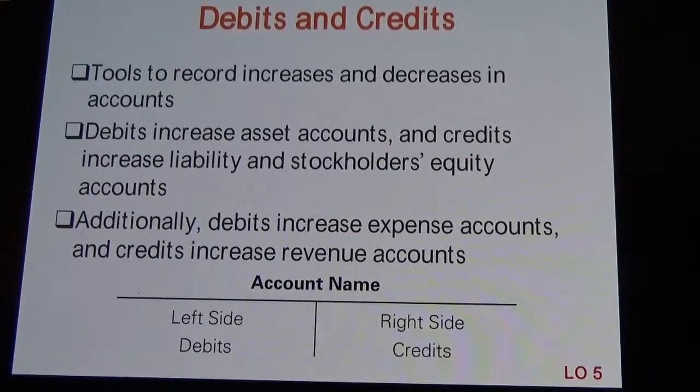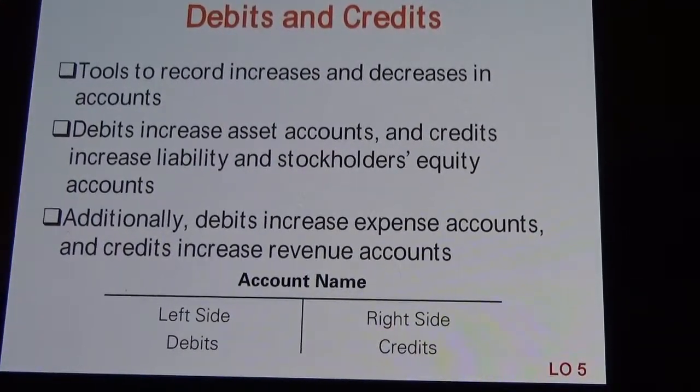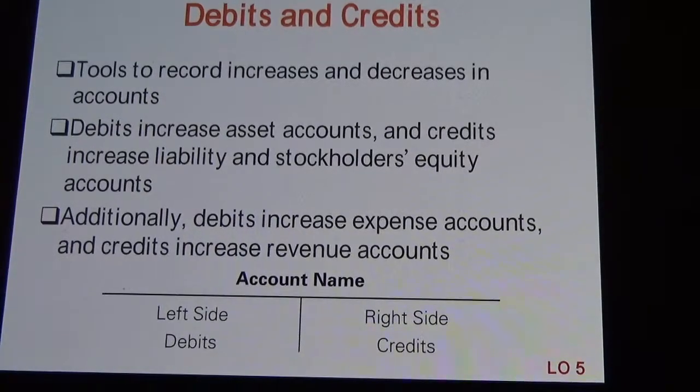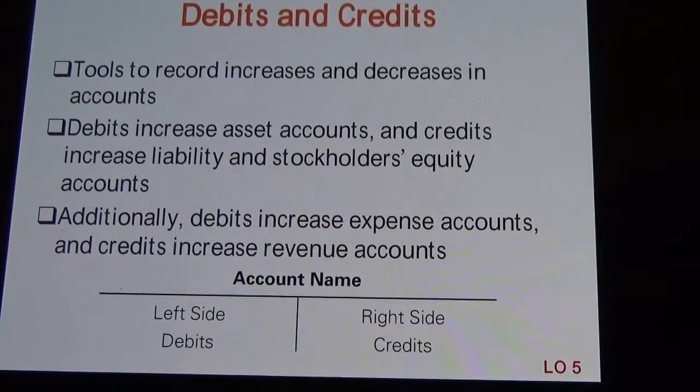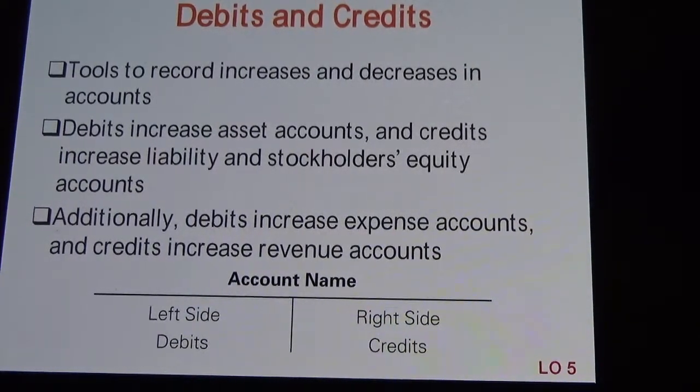No matter what kind of an account it is, it will have a left side that represents the debits to that account, and a right side which represents the credits to that account. Whether the debits or the credits increase the account depends on what kind of account it is.